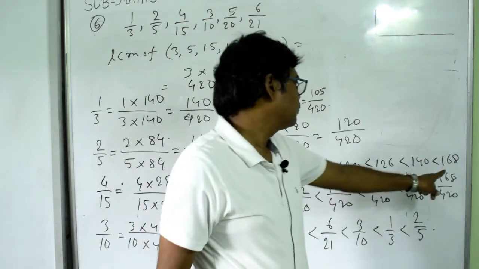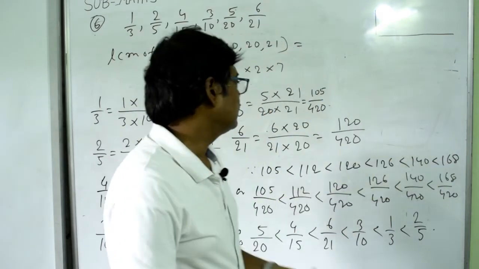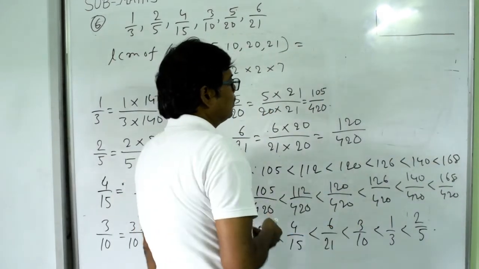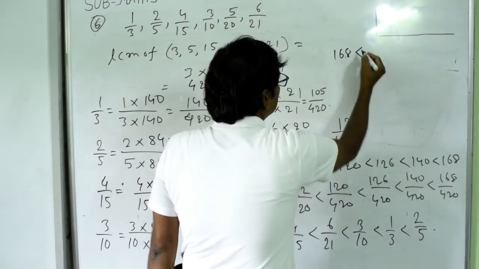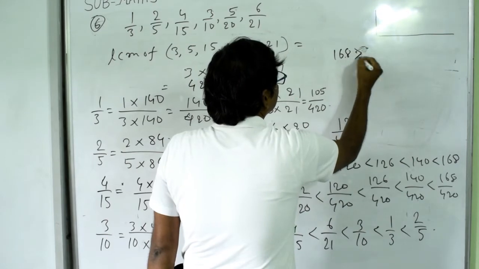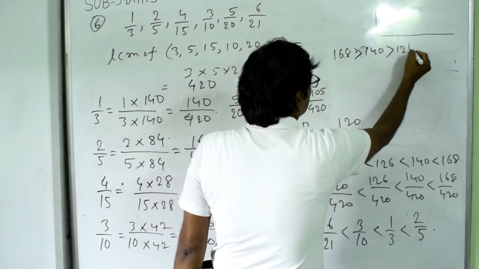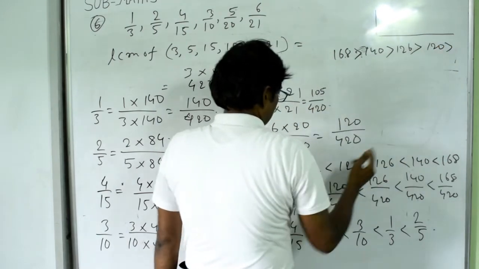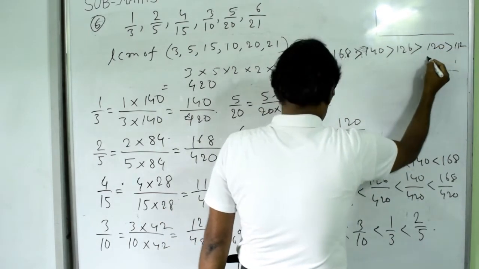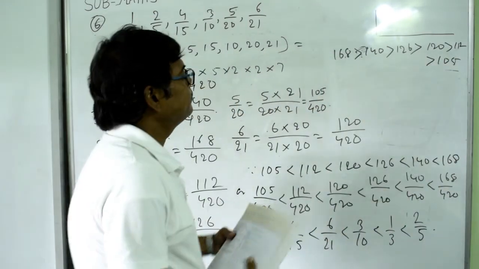If you write 168 first, it will be greater than 140, greater than 126, greater than 120, greater than 112, and greater than 105.